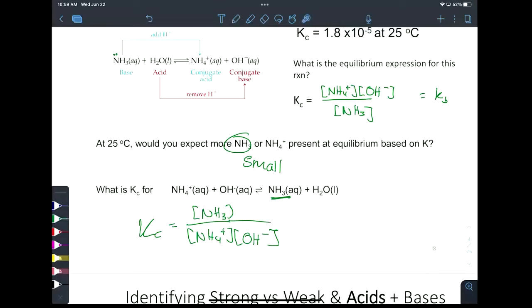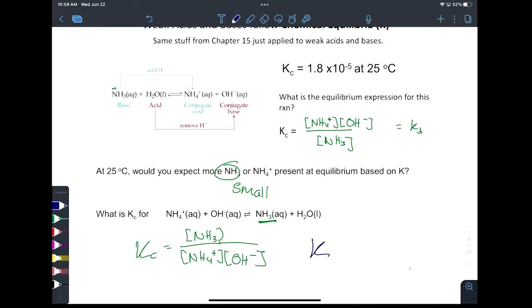How are these reactions related to one another? The reverses of one another. So what do you actually think the K value is for this reaction? Can we get the value for it? Yes, if we just take this value, and how do we manipulate it if we reverse a reaction? To the -1, yeah.